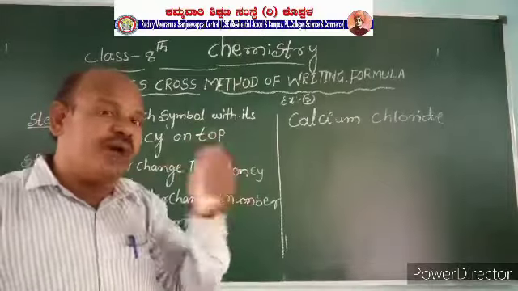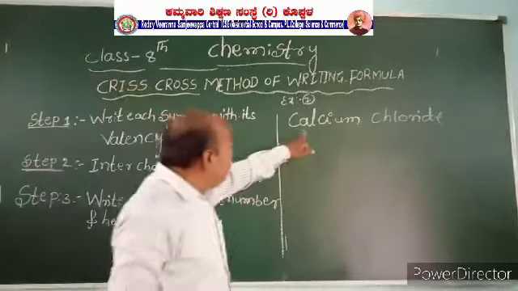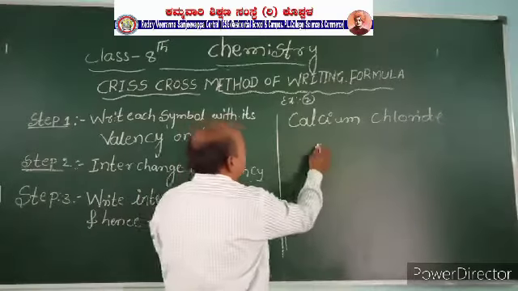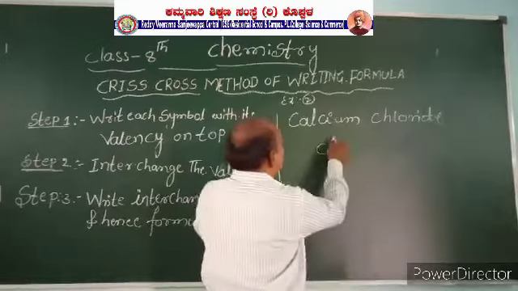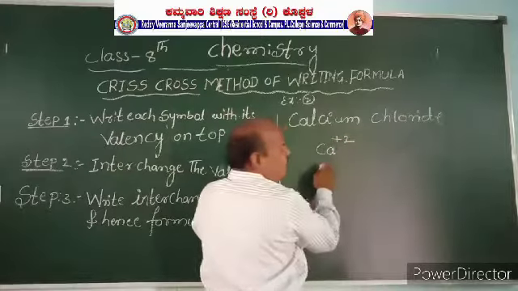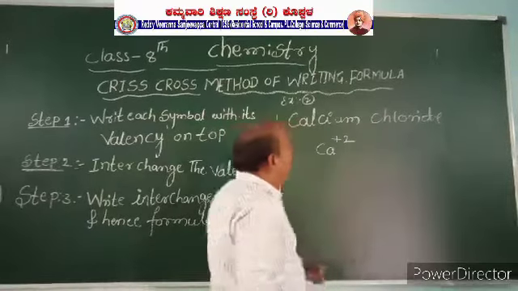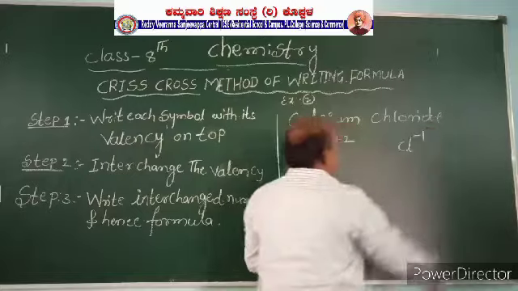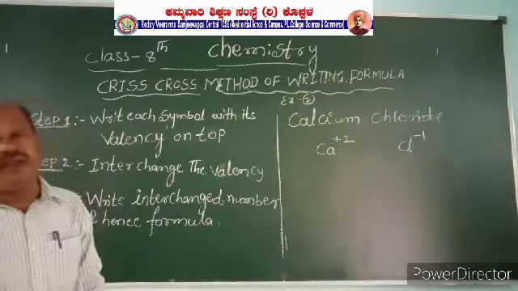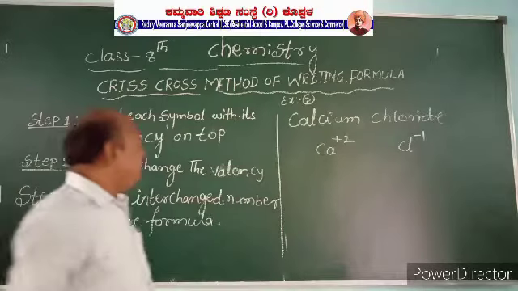What is the formula of calcium chloride? First step, you see that chart. What is the symbol of calcium? Ca. What is the valency of calcium? Ca plus 2. First you write the positive radical, then you go on to the negative radical. Chloride is a negative radical, Cl minus 1.